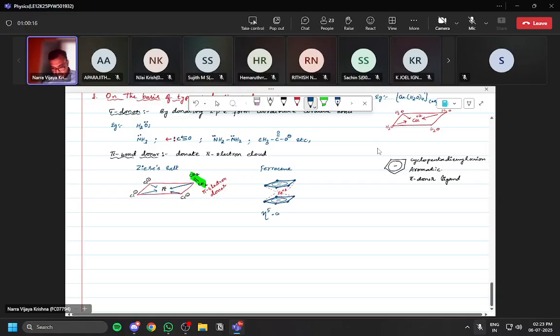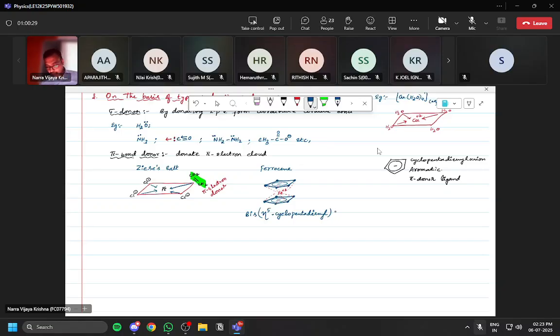Eta 5 cyclopentadienyl bis iron 2. Why am I writing 2? The oxidation number of the central atom is written in brackets.